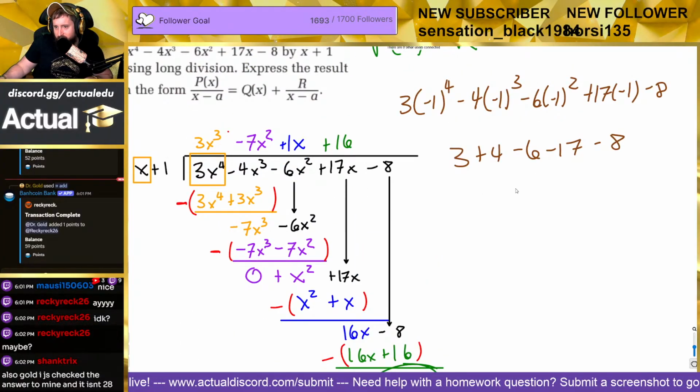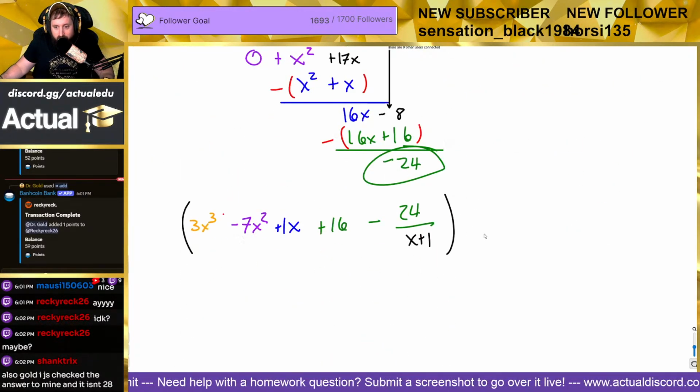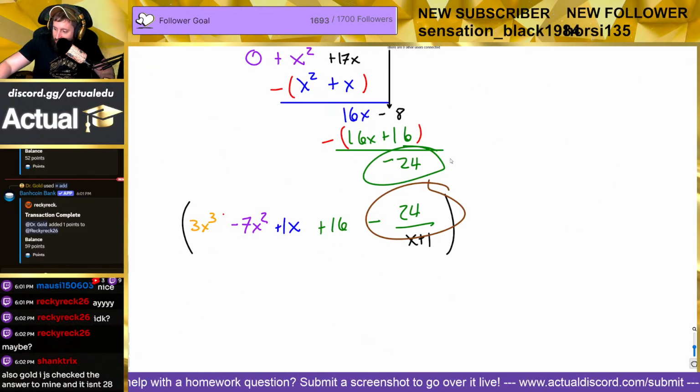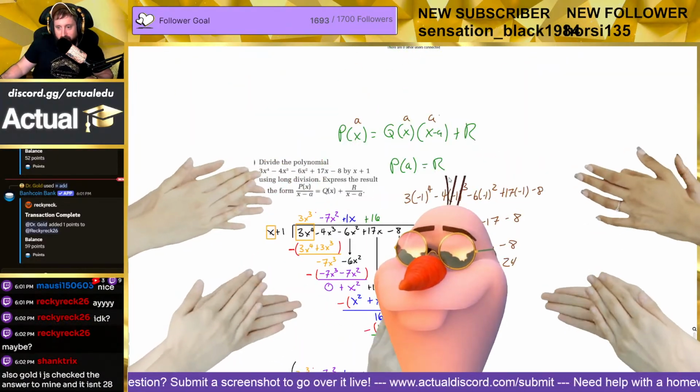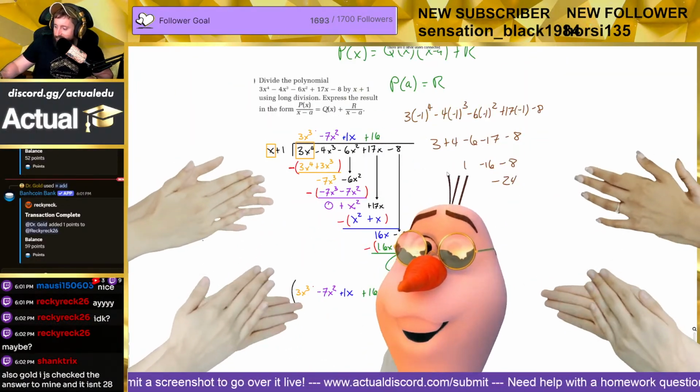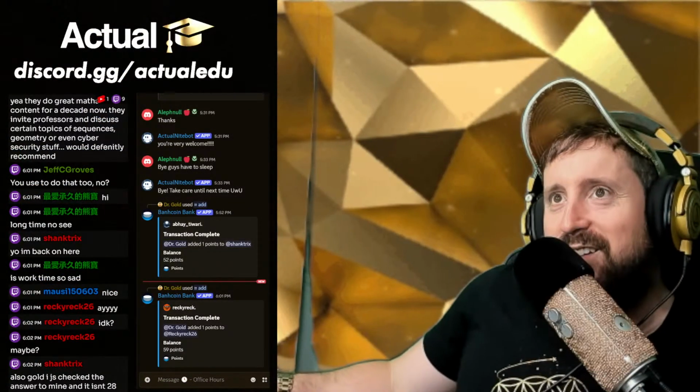So that's 7. 7 minus 6 is 1. 1 minus 17 is -16. -16 minus 8, -24. Whoa. It's the same thing as the remainder. That's super cool. The remainder theorem. I think it's cool.